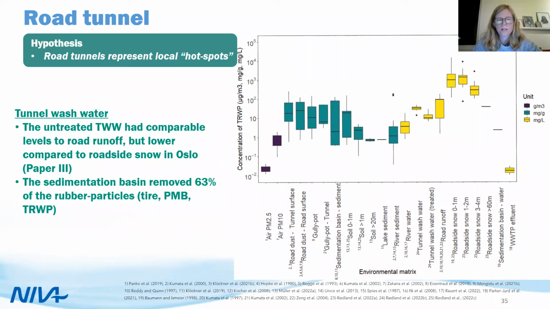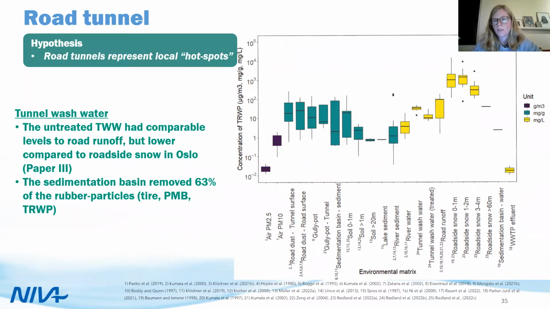And then the last part was to look at tunnel wash water. This water that is washed through the tunnel will go to the drainage system, and for most of the tunnels in Norway, this water will actually just go straight into the nearest stream, or to a fjord, or any other recipient.